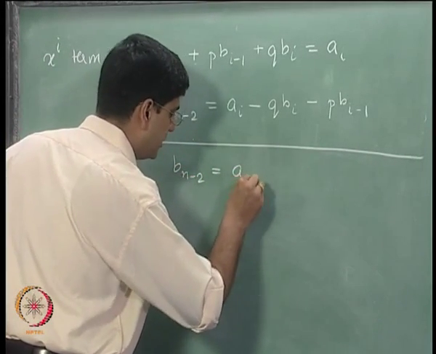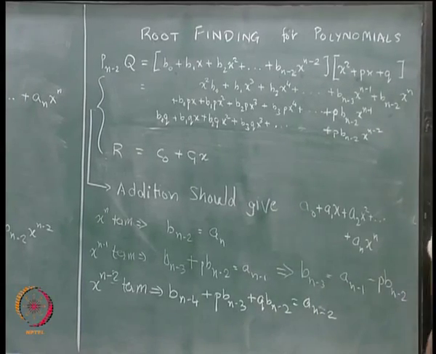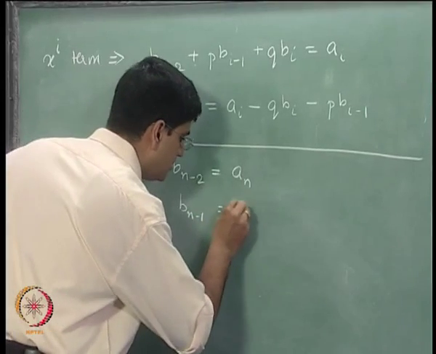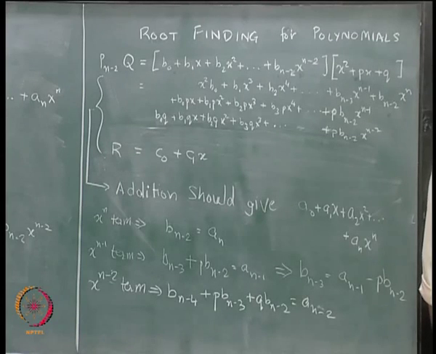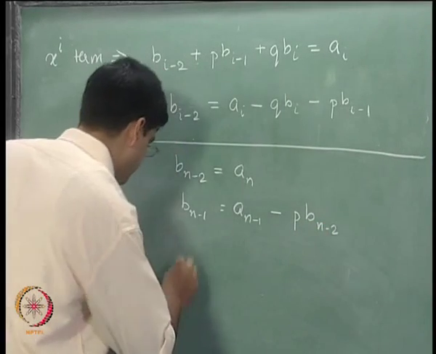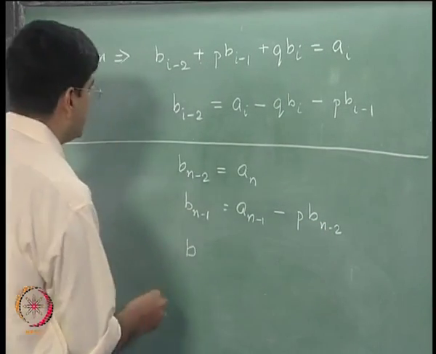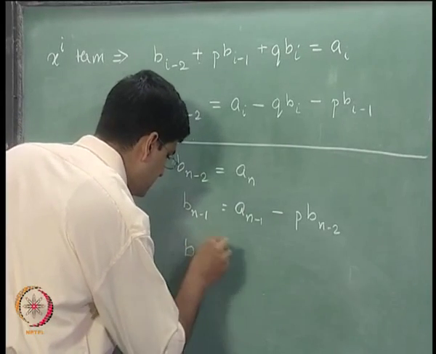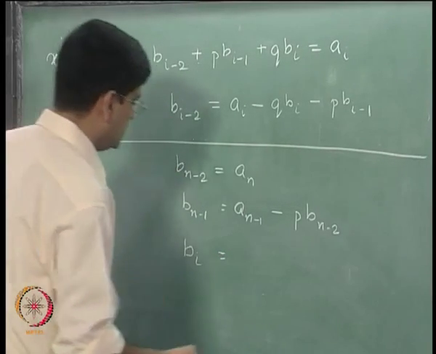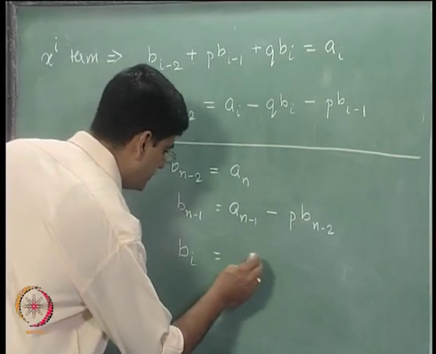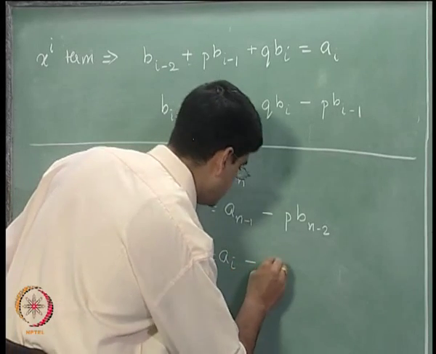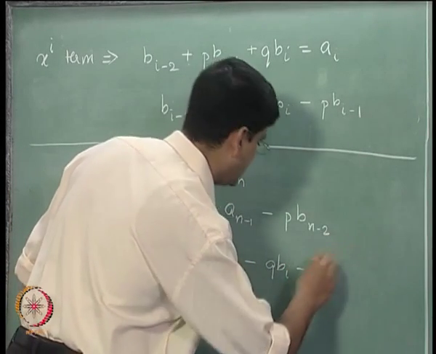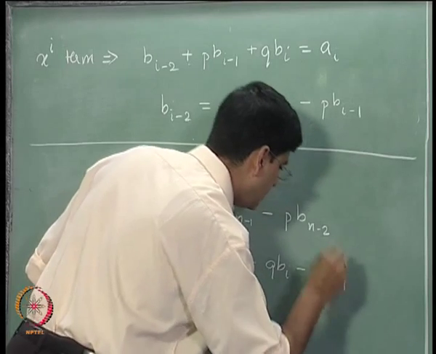equal to an, bn minus 1 equal to an minus 1 minus p bn minus 2, and bi minus 2 is just going to be equal to ai minus q bi minus p bi minus 1.